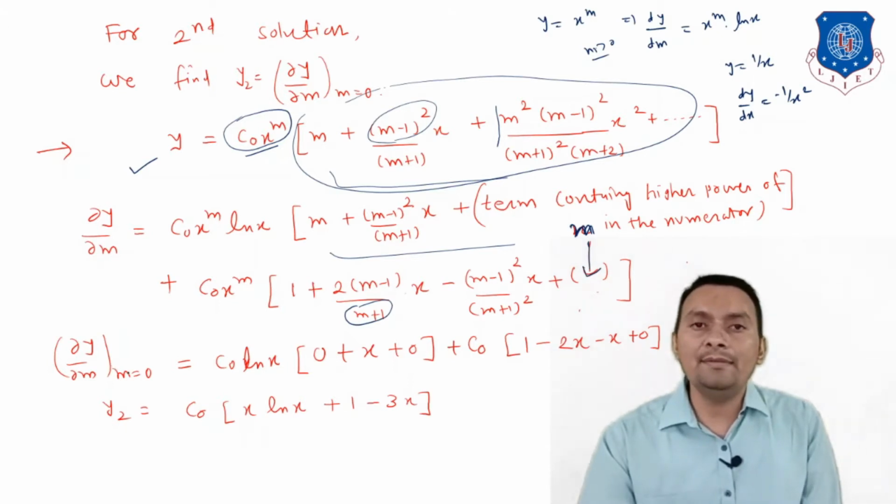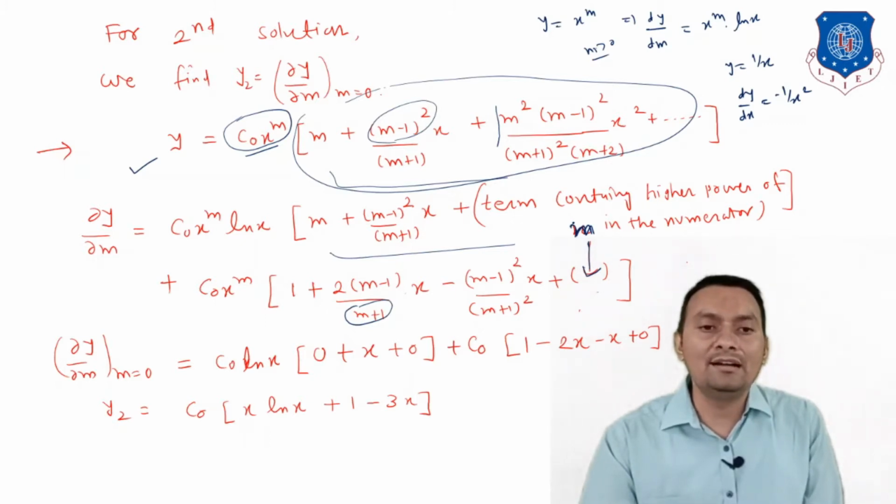Now I'm taking m equal to 0, so what will I get? x raised to 0 is 1, c0 times ln x, this is 0, again x will be there, all the terms contain higher powers of m, so the answer is 0, plus c0 times 1 plus, here you can observe that m is equal to 0 over here, so you will get minus 2x, then you will get minus x plus and so on.